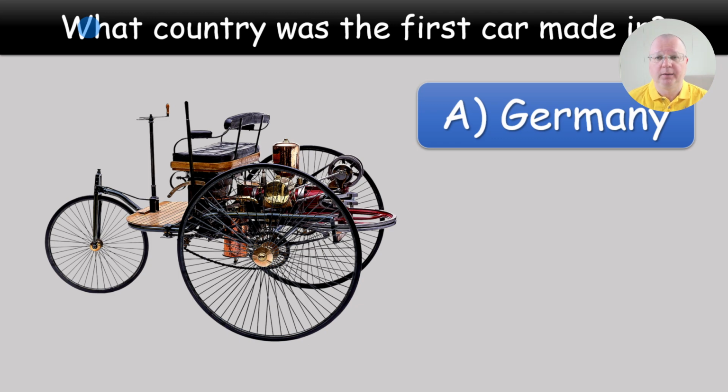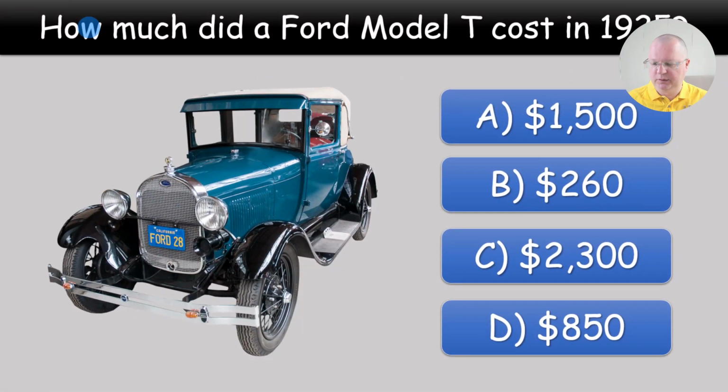So you can tell them that yes, the first car was made in Germany. It was made by a famous German inventor and engineer, Carl Benz. Yeah, here we go.